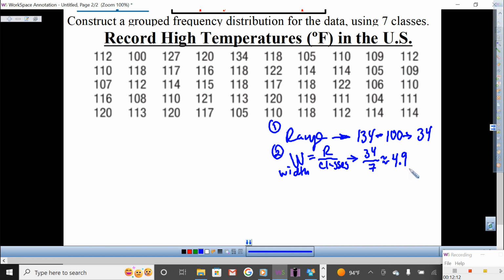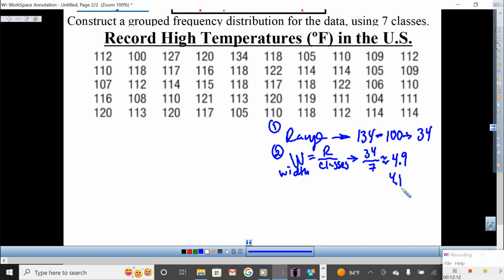4.9. Okay. Now, whenever we look for a width, we're always going to round up. So what if we had 4.1? We're going to round up to the nearest whole number. So this would be 5, and this is still 5. Everybody following so far? We're not rounding off.